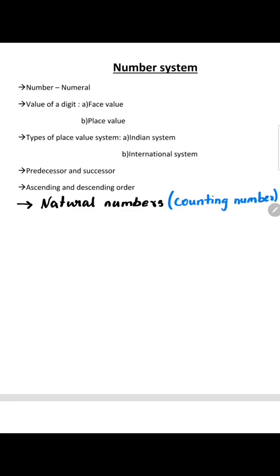So children, now let us see what these natural numbers are. What is meant by natural numbers? Natural numbers are also known as counting numbers. So 1, 2, 3, 4, 5, 6, 7, and so on are known as natural numbers because we can count these numbers.